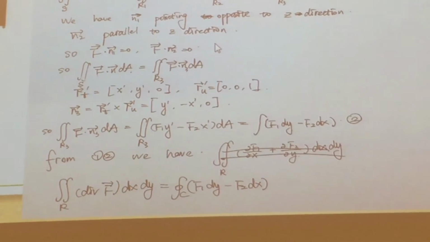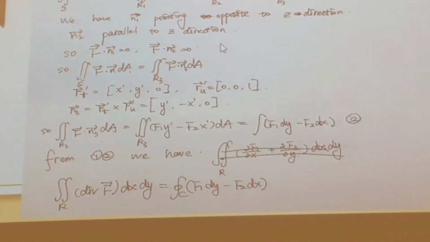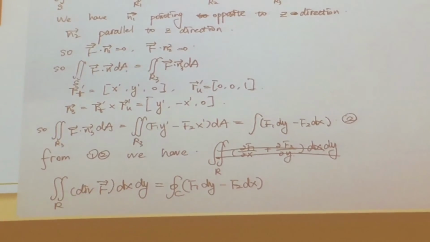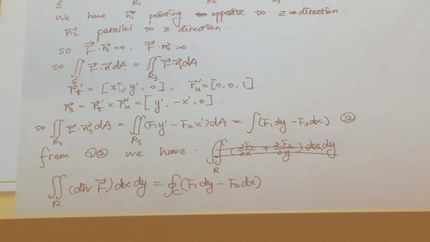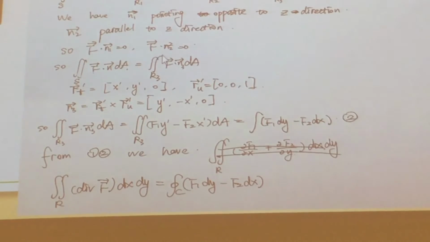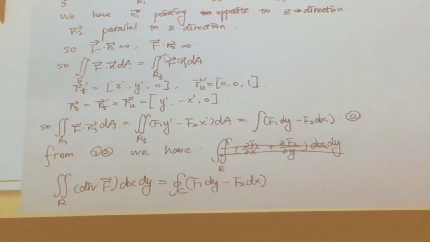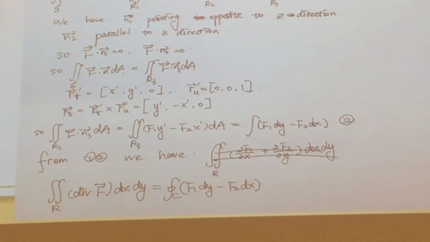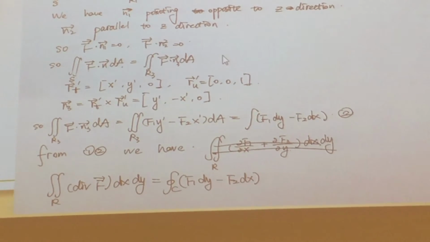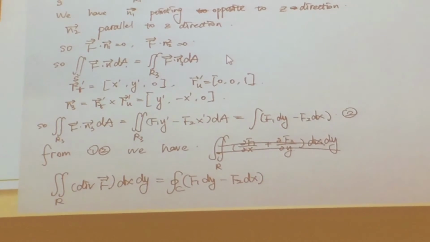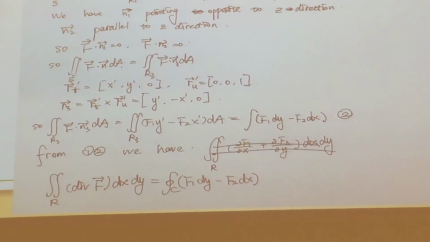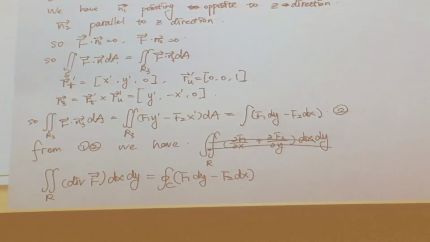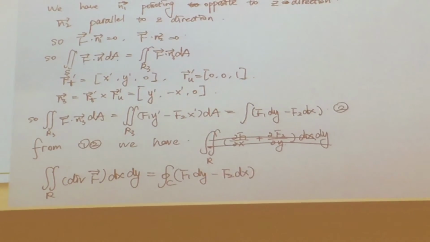And the unit normal vector of R3 is (dy/ds, minus dx/ds, 0). You know how to calculate the normal vector. So just calculate the vector field F dot product the normal vector.